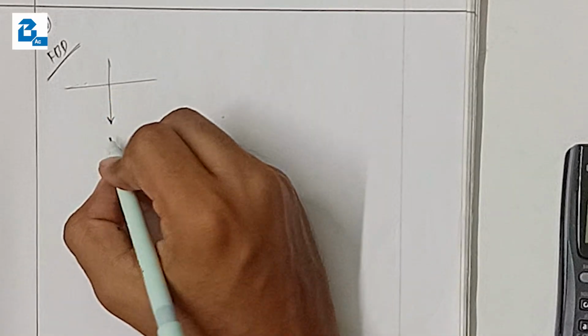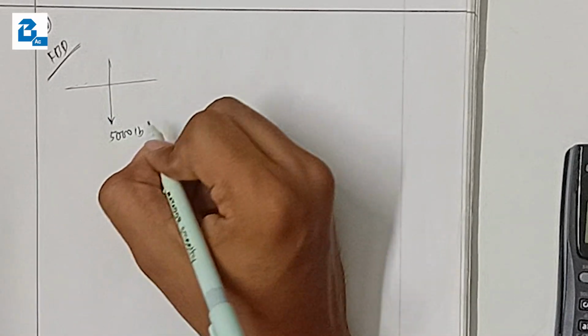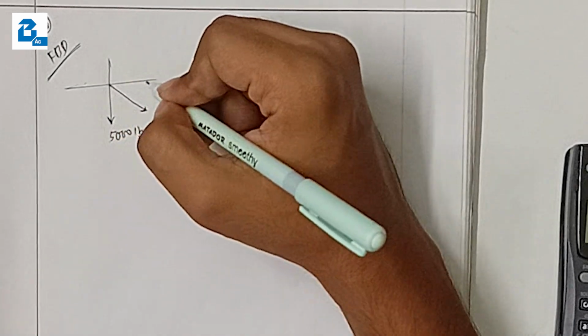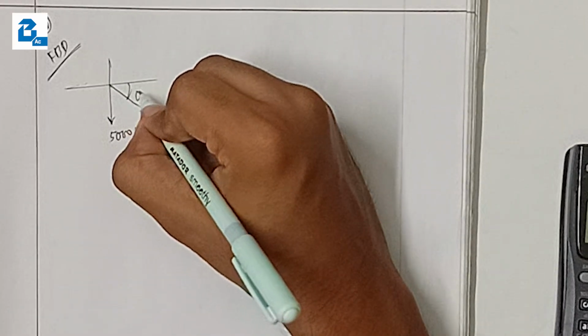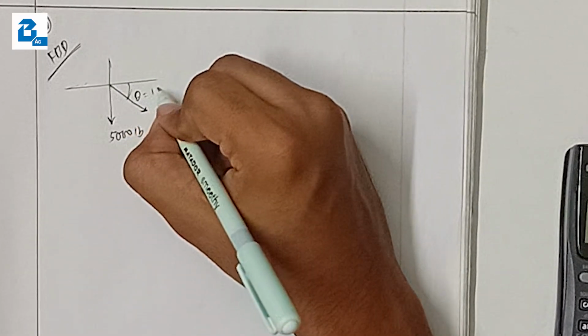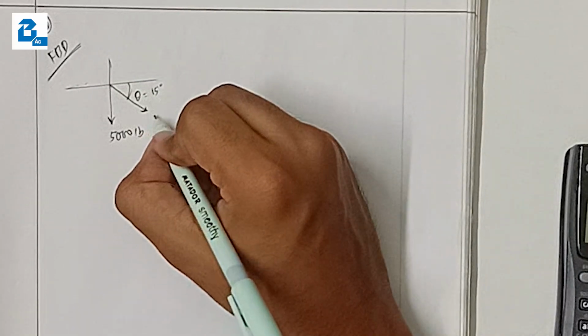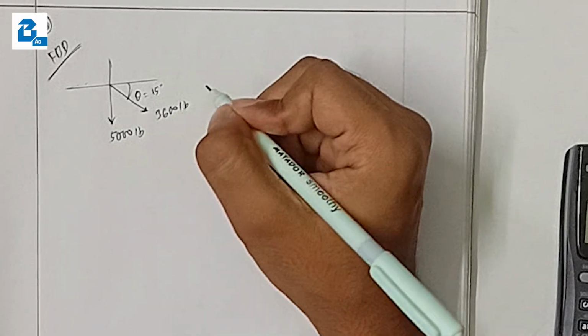Here the vertical one is 5000 pound, and there is an angled one which goes to the B shaft, and here is an angle of theta which is 15 degree, and the tension in the cord was 3600 pound.